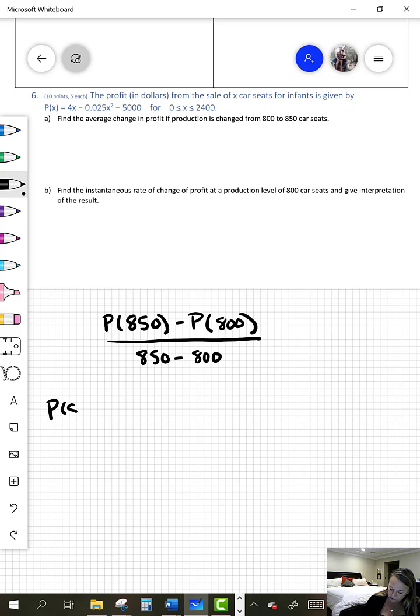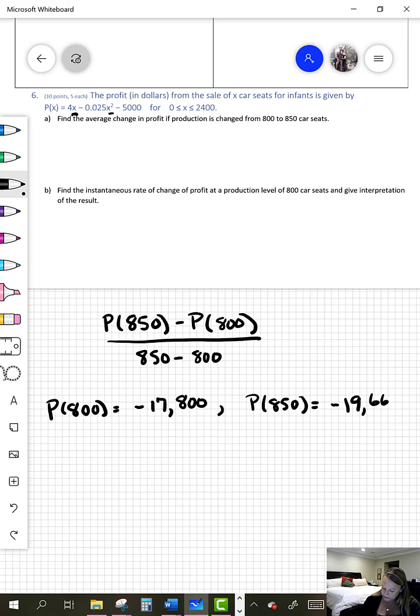If you plug in 800 wherever you see an x, you are going to get back negative 17,800. If you look at P of 850 and plug in 850 wherever you see an x in our profit function, you should get back negative 19,662.5.